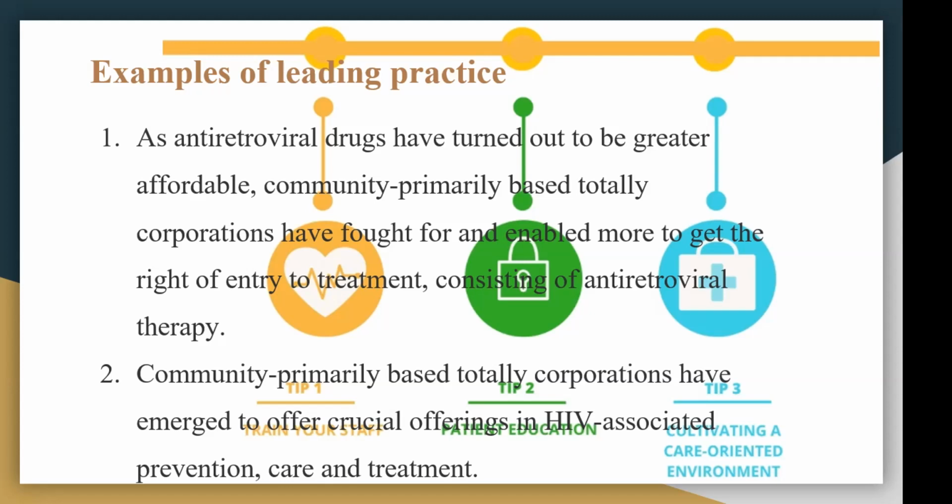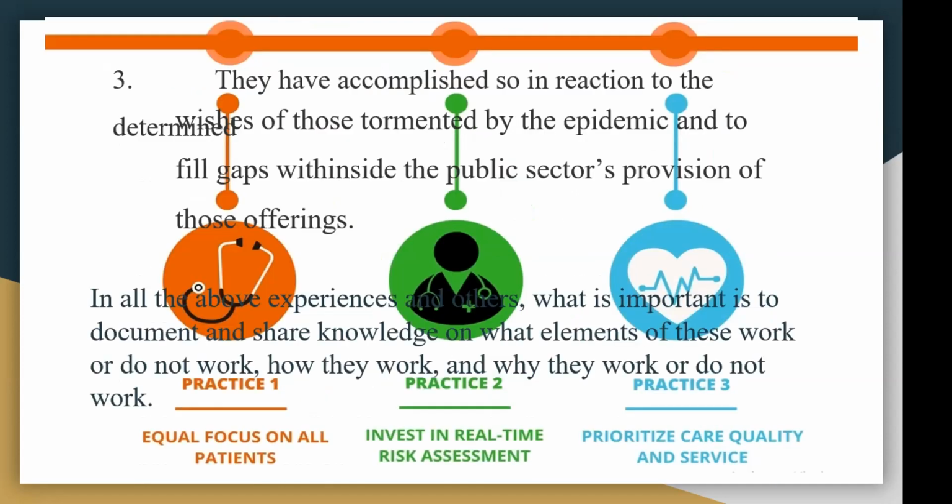The second one I have included is that community based cooperatives have emerged to offer crucial services in HIV related prevention, care and treatment as well. And the third thing I have included is that they have done so in reaction to the needs of those harmed by the epidemic and to fill gaps in the public sector's provision of those services.